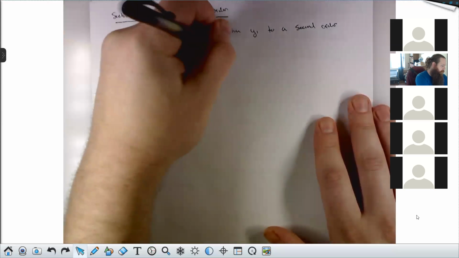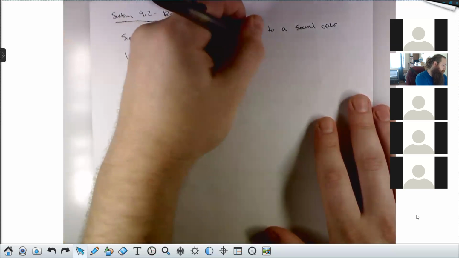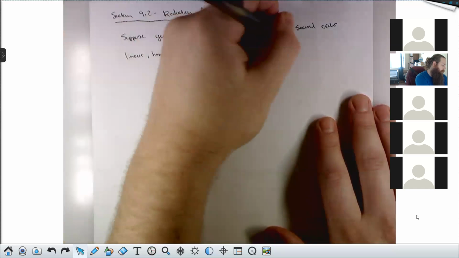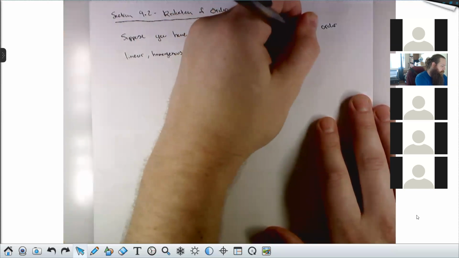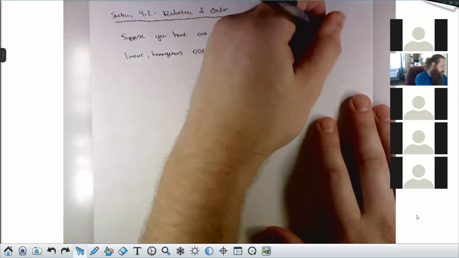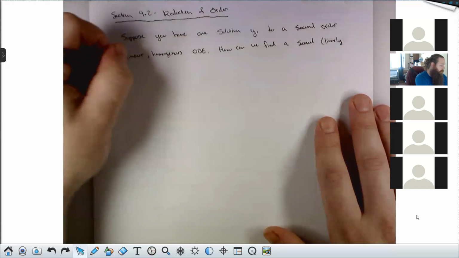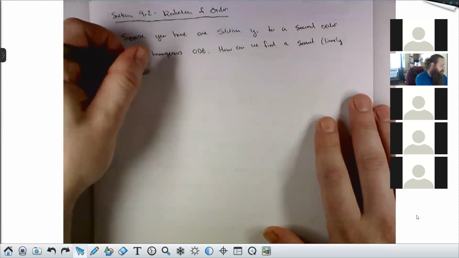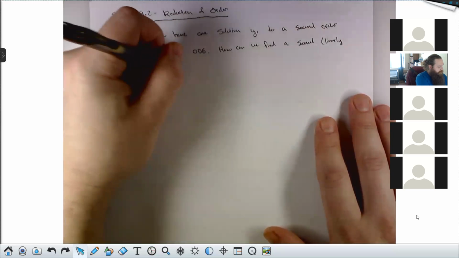How can we find a second linearly independent solution?